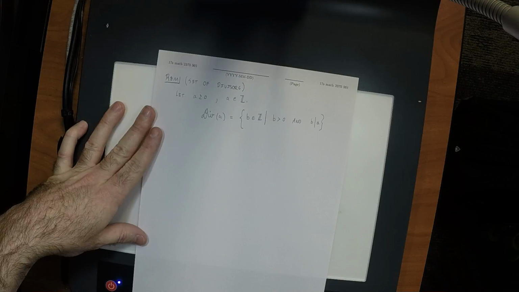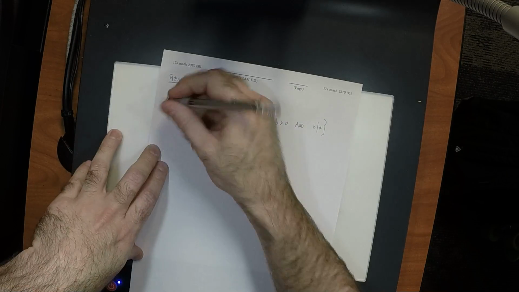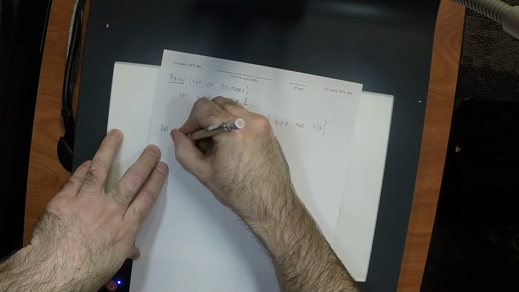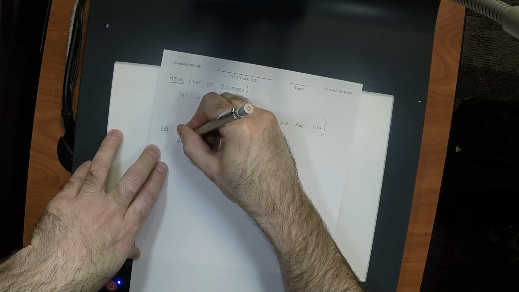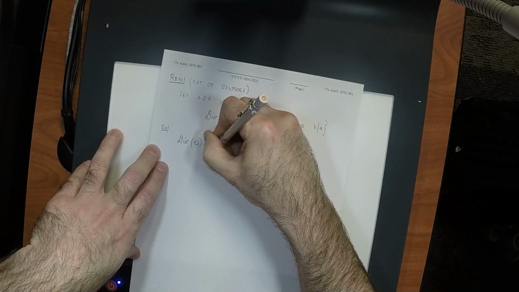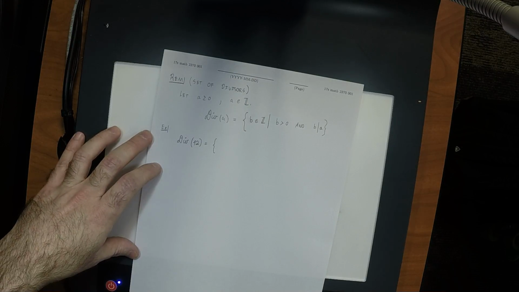Okay, so it's exactly what you imagine it to be. So, for example, the set of divisors of, say, 12. We want the set of all positive integers that divide 12. So what are they?